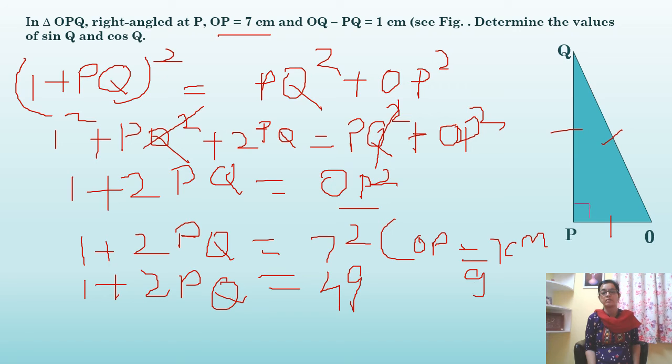It is given. So now we squared 7 and we got 49.